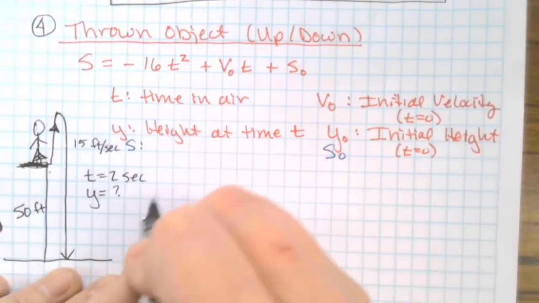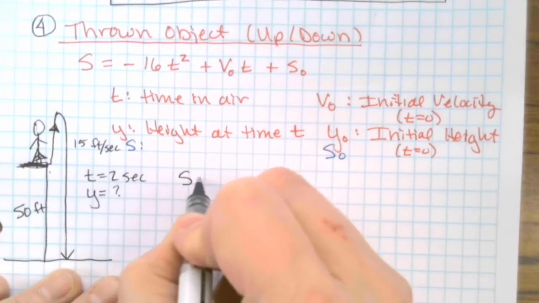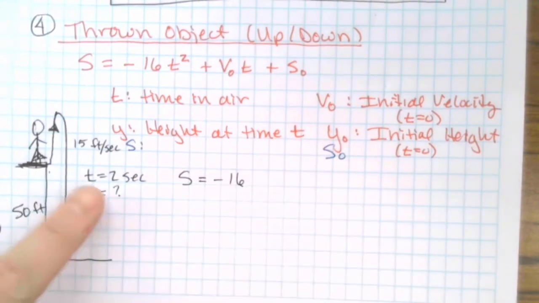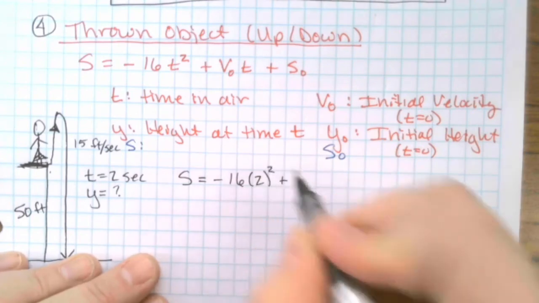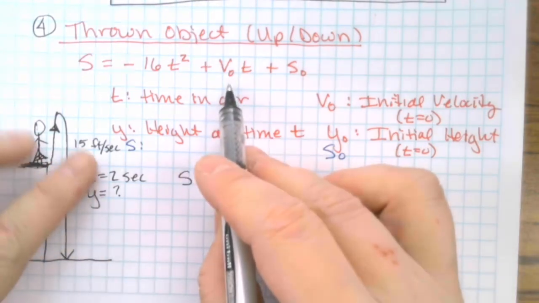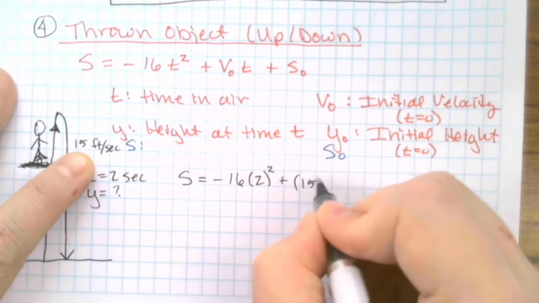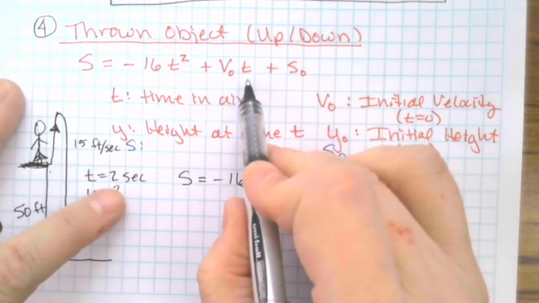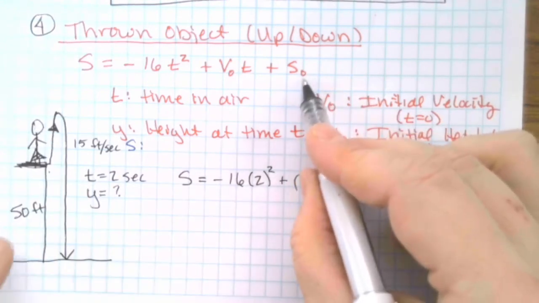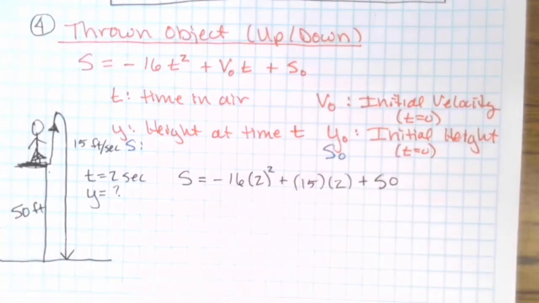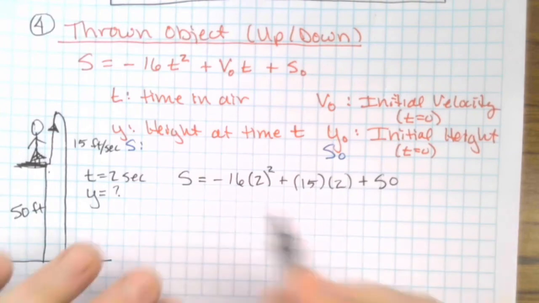Okay, so we want the height. We'll say s. And it's after it's been thrown for 2 seconds, so 2 goes in for t, plus the initial velocity was 15, times how long we want it thrown, which is 2 seconds, plus the initial height. Well, it started at 50 feet. So that is your equation.